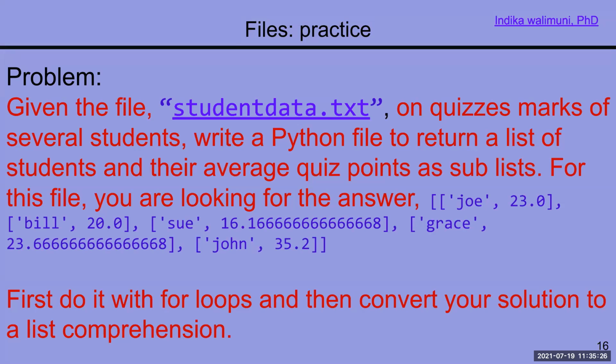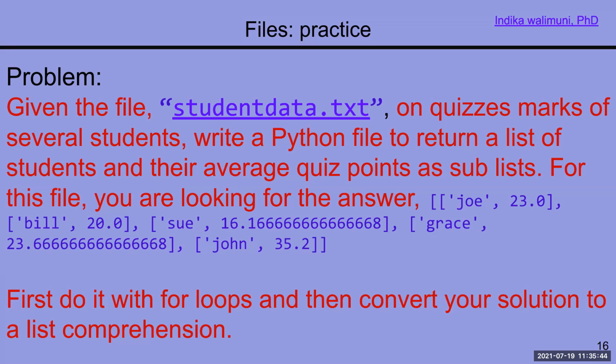So, this is where we stopped in our last lesson. This is going to be our practice on files. This is a little bit longer problem, so it might take some time, but it's an overall good problem.